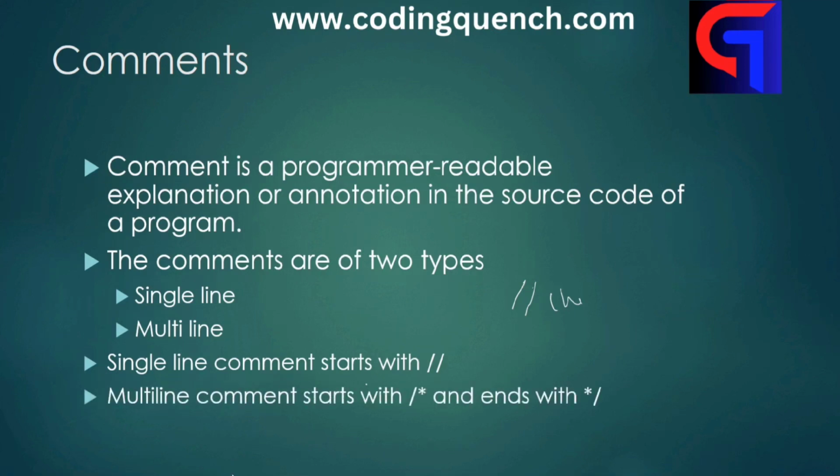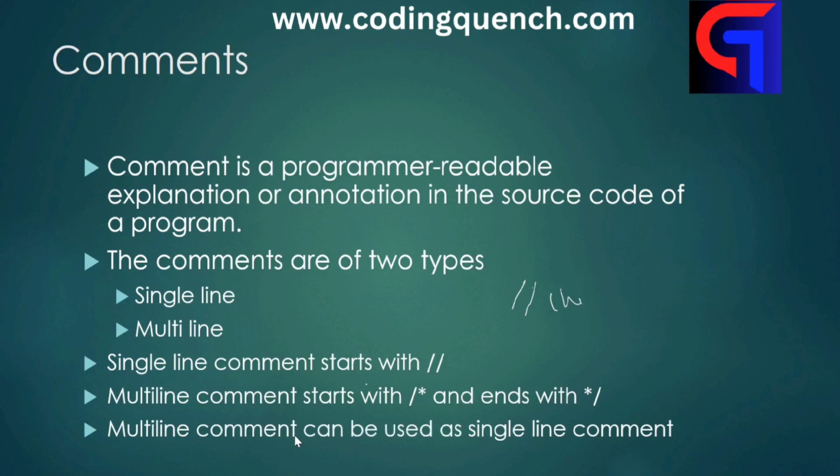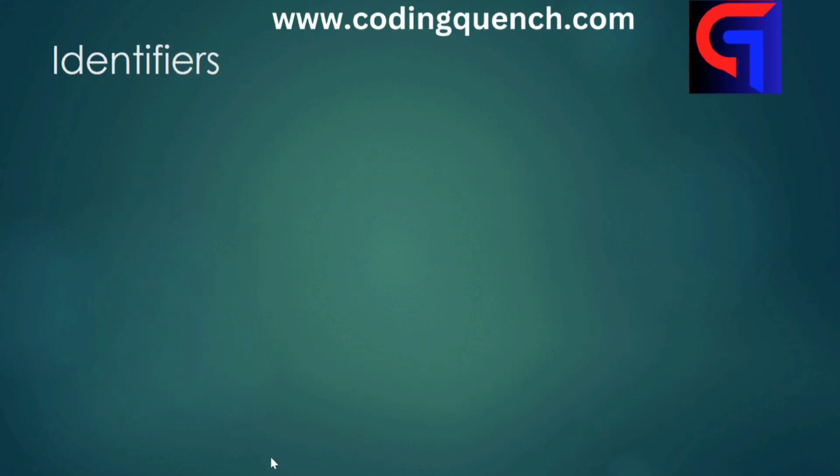Multi-line comment starts with forward slash, asterisk, and ends with asterisk and forward slash. We can use this multi-line comment as a single line comment also. Before the sentence we can write this, after the sentence also we can write like this.